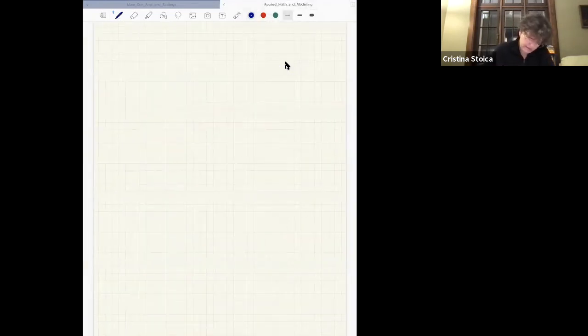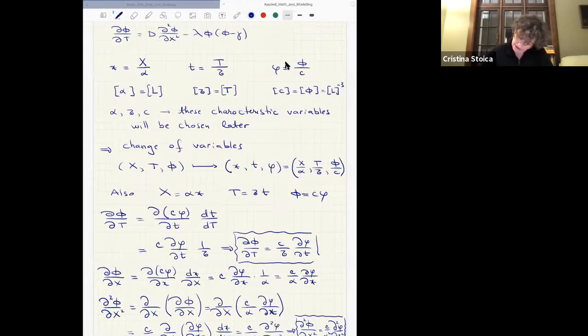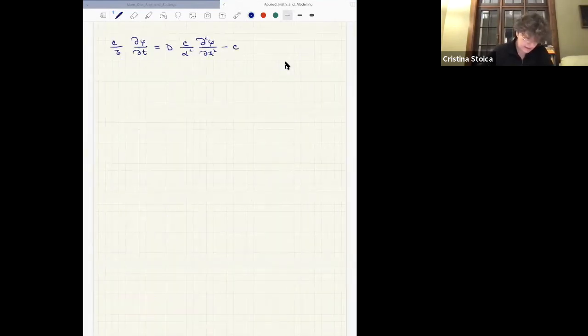We get c over tau d phi dt equals d times c over alpha squared d2 phi d little x2 minus, remember phi is c little phi, so we have here minus lambda, first let's put the lambda, lambda c little phi times c little phi minus gamma.